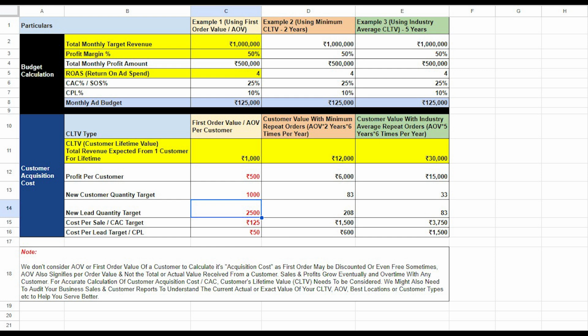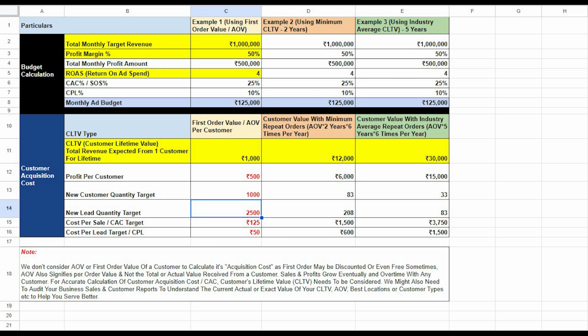Now your ad target becomes 125 rupees per sale and 50 rupees per lead. That's really impractical, considering your presence, your process, your resources, everything. And you might end up not getting the proper quality of leads, which ultimately affects your business.